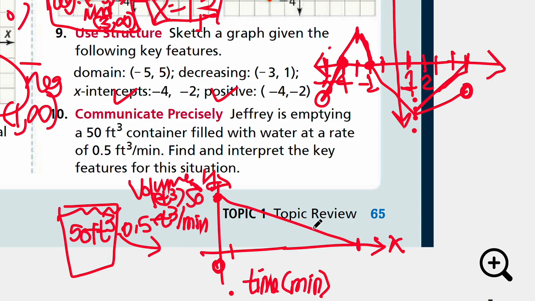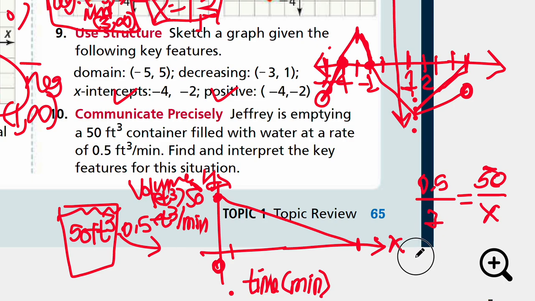And so you want to figure out how many minutes you would need. So using this rate, 0.5 feet cube per minute, you want to figure out x minutes when you've emptied all 50 feet cube. So you can make a proportion like this, or you can just make an equation.